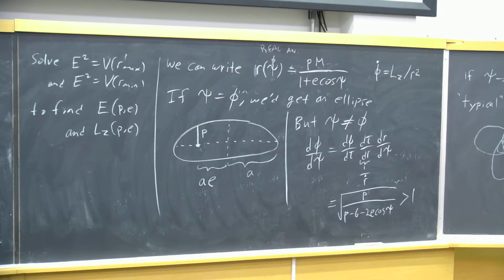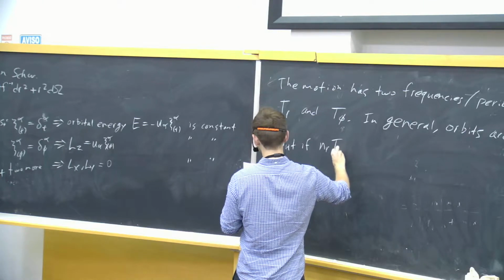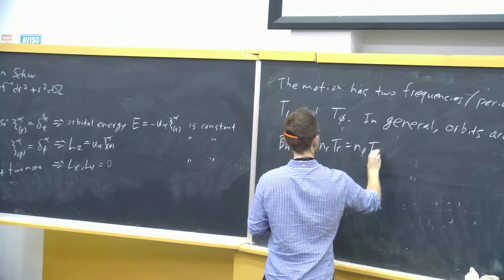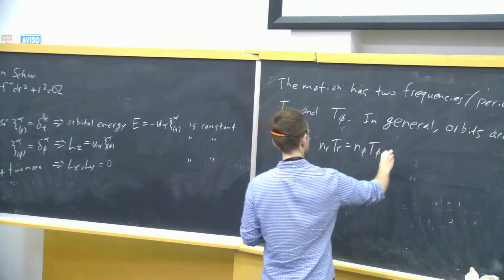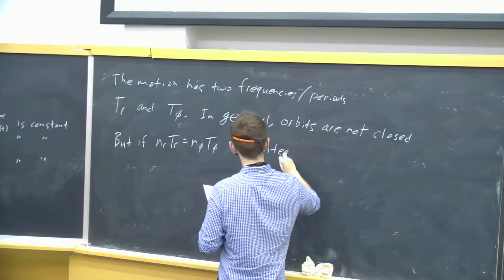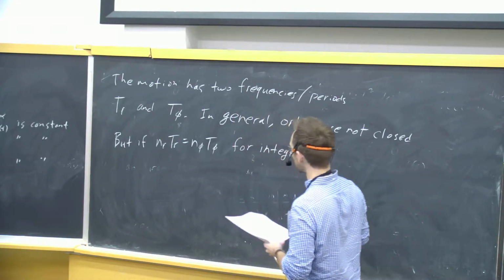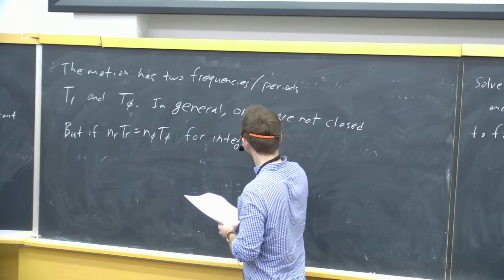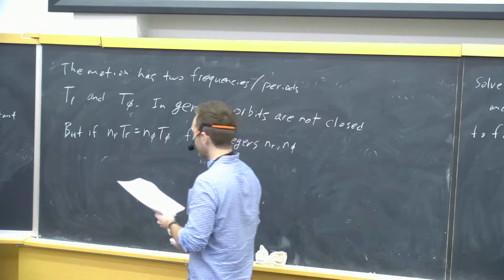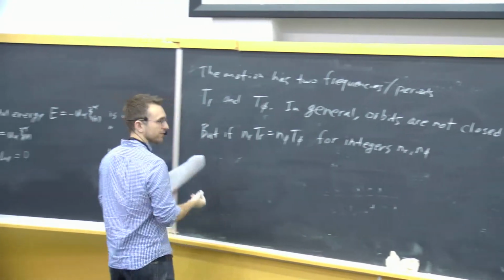But if n_r T_r is equal to n_phi T_phi for positive integers n_r and n_phi, then you do have closed orbits.